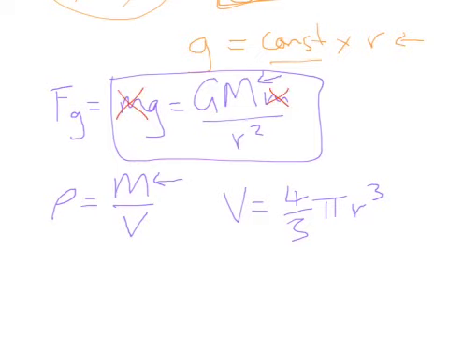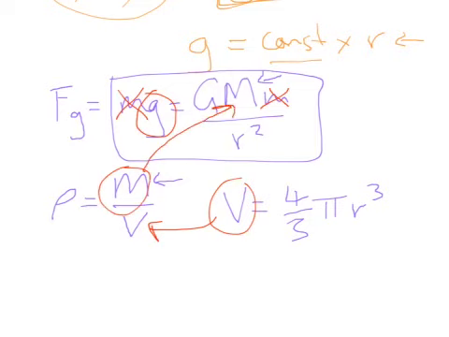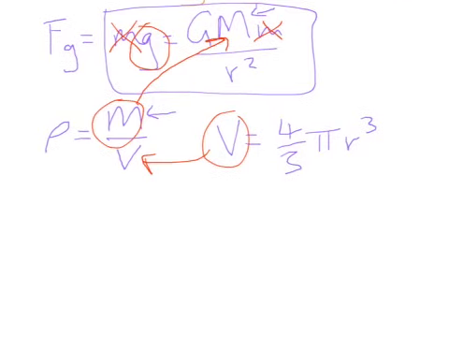That M and that M can cancel. So we get rid of, I don't know if that's totally, yes it is, because we're trying to get g by itself. That's good, so we're going to get g out the front by itself. We're going to substitute V in here for this V, and we're going to rearrange to make M the subject. And then we're going to put that M in there and calculate it all through. So let's just follow through with that.